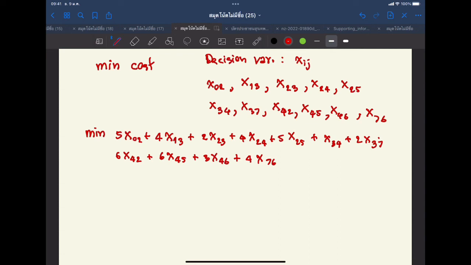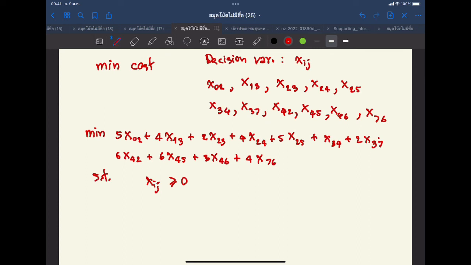Okay, so what about the constraints? The first constraint we have is that xij must be nonnegative. Okay, nonnegative means greater than or equal to 0. The next one is the material balance for each node.